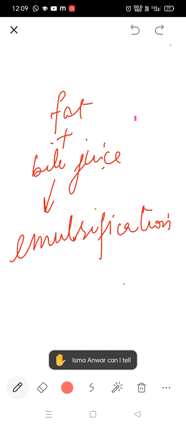Here the fat in the presence of bile juice is converted, the big fat globules into tiny droplets of fat, and this process is known as emulsification. This term is not there in your book, I think.